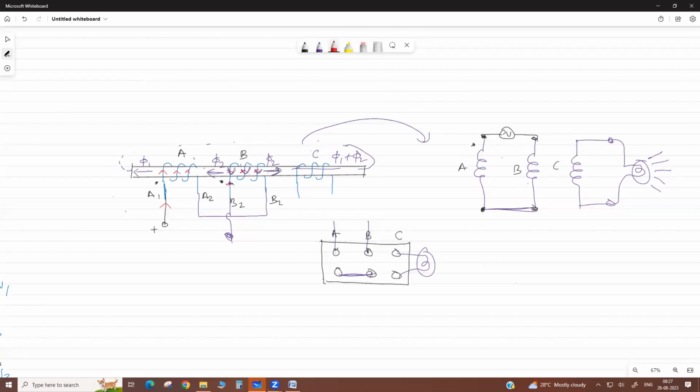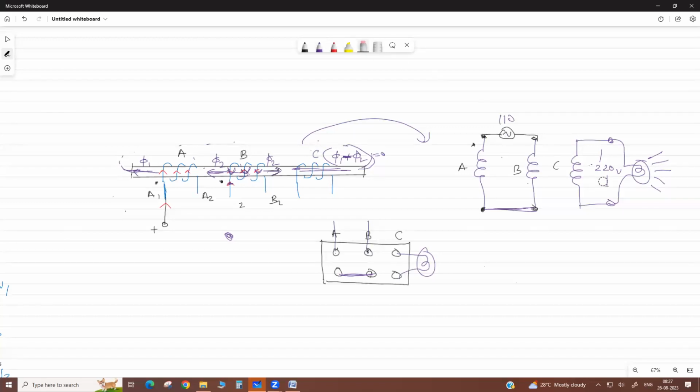But suppose their fluxes are opposite, meaning this and this are opposed. Then the net flux in the core is phi 1 minus phi 2, which is very negligible or zero. No EMF is induced in the coil. If phi 1 plus phi 2, then actually 220 volt is induced; if you apply 110 volt here, the lamp is fully bright.